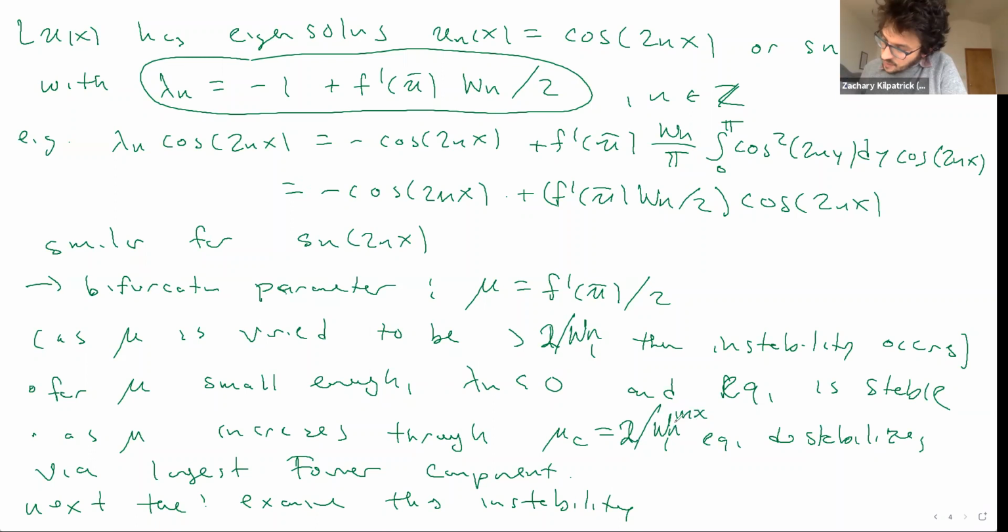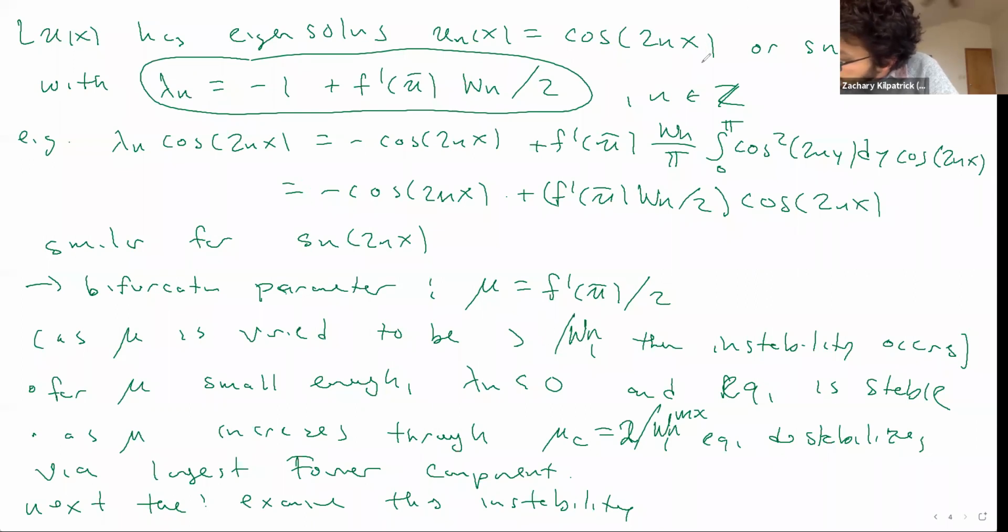So for the largest one here, this value is going to be the smallest. And as we pass through it, we're going to destabilize the Fourier component, and the instabilities that you're going to get are going to have the frequency of the Fourier component that is the least stable in this case. So next time, what we're going to look at is what happens as you pass through that instability.